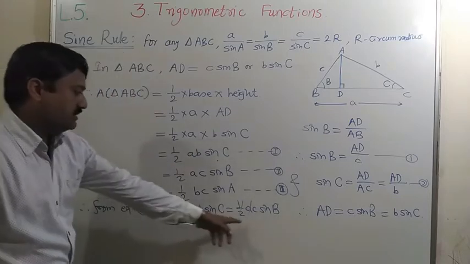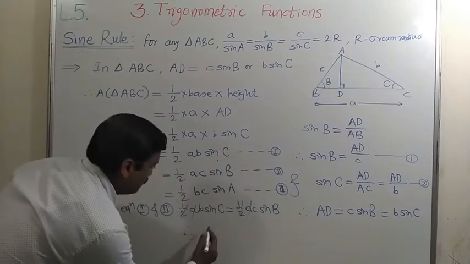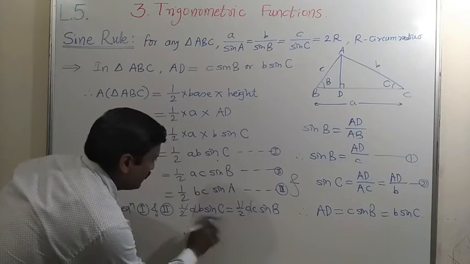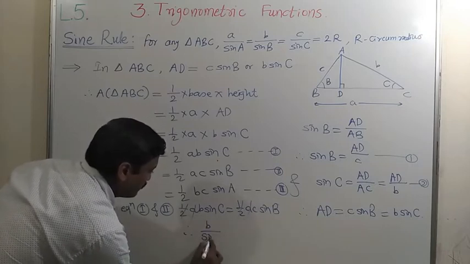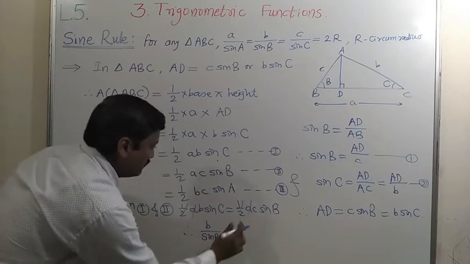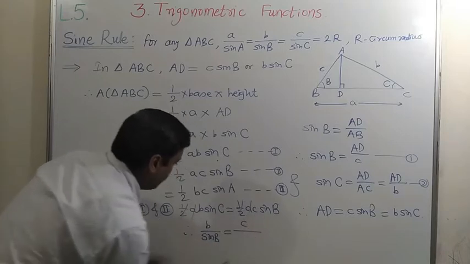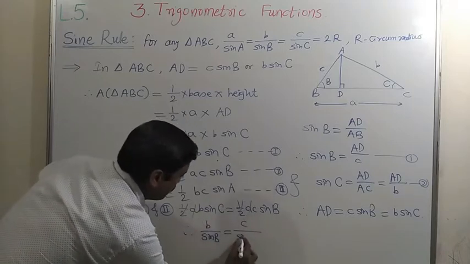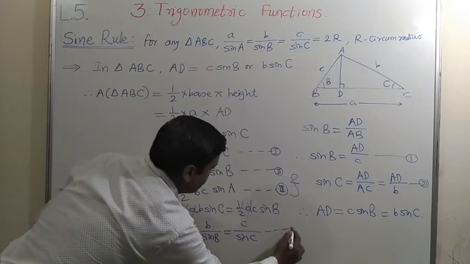It means b sin C is equal to c sin B. Therefore, we get b upon sin B is equal to c upon sin C. So this is our fourth equation, suppose.